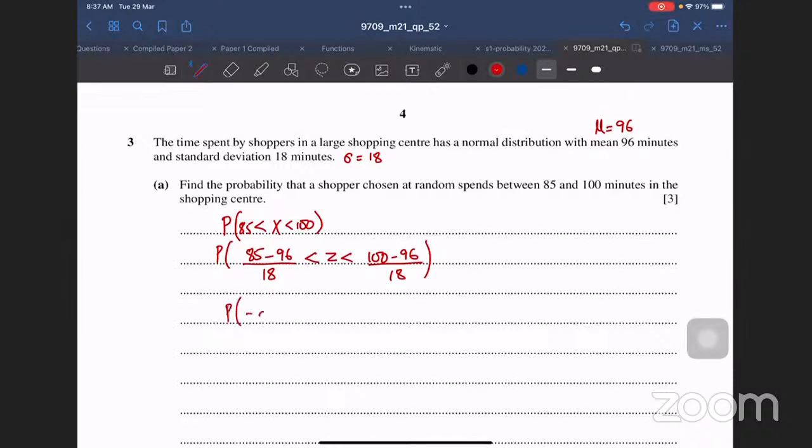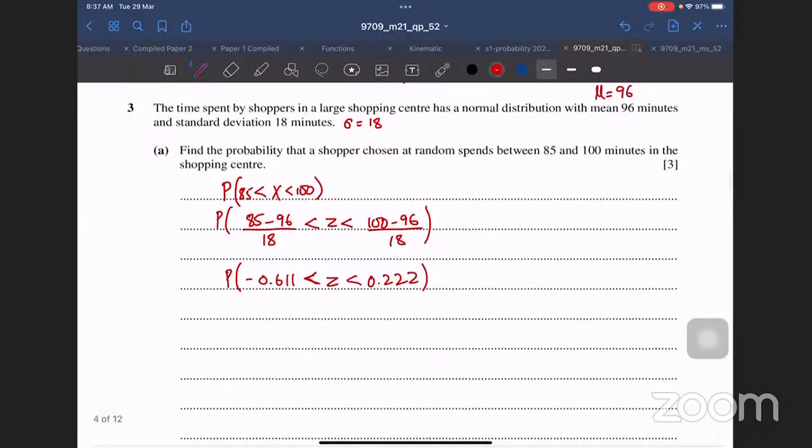This becomes minus 0.611 and 0.222. So this becomes phi of 0.222 minus, and I have 1 minus phi of 0.611. I need to read these two from the table that I have.